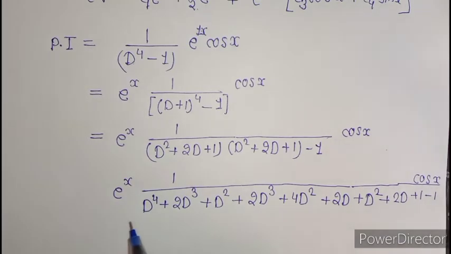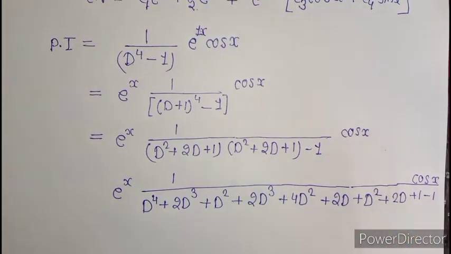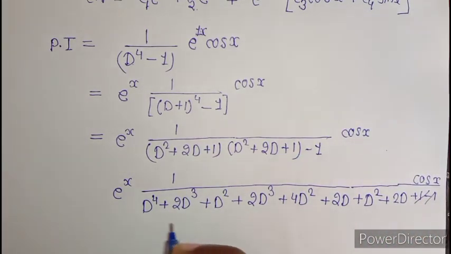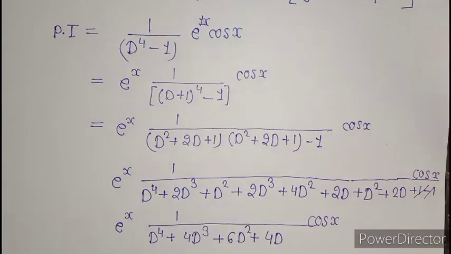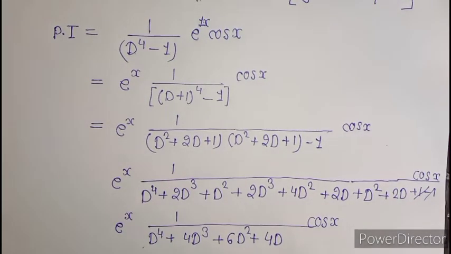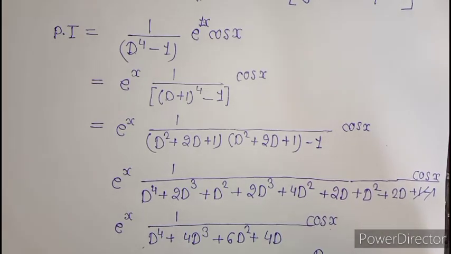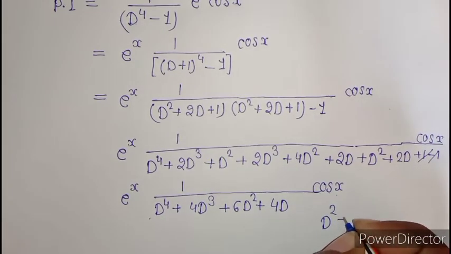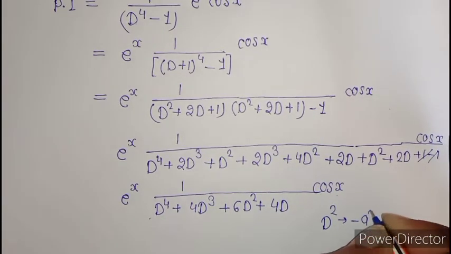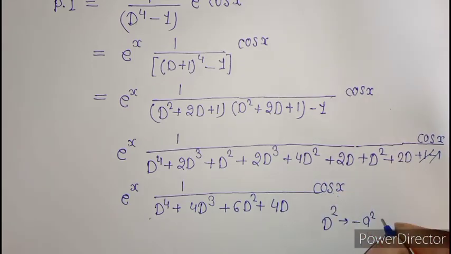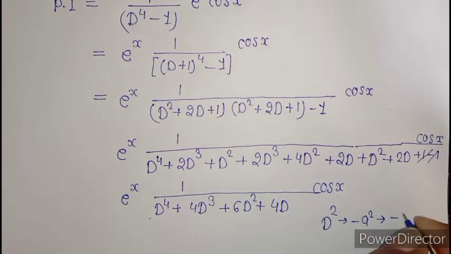After multiplying we get a large expression in which 1 is cancelled by 1, and now by adding the terms together we got this value. Now we know the formula for cos ax: when our Q is a trigonometrical function of the form cos ax, then we replace each D square by minus a square. Here our a is 1, since 1 is present, so I will replace each D square by minus 1.